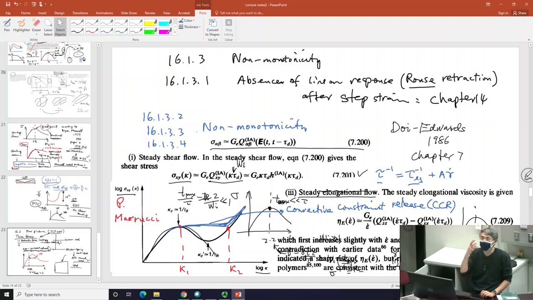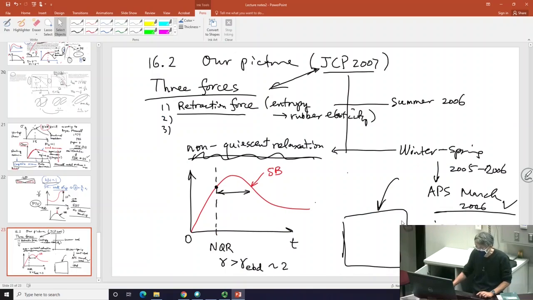Certainly the concept of structure falling apart is not easy to dig out from the construction of the tube model. So that's why we moved on to see what's missing, basically.